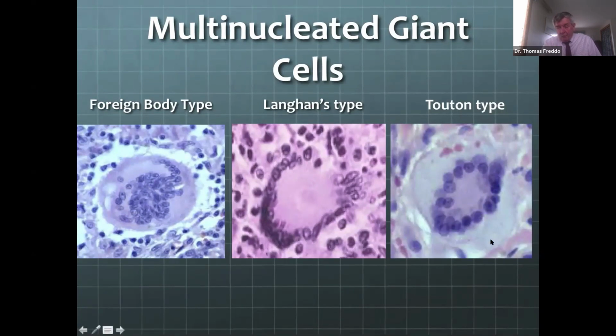So I'm not sure if you can see my cursor, but right now I'm circling the outside of the cell so that you can see that this circle of nuclei is withdrawn from the edge of the cell, easily distinguishing it from the Langhans type in the center. In certain granulomatous diseases, these giant cells, when they form, can have particular inclusions, and we'll mention them briefly later on.